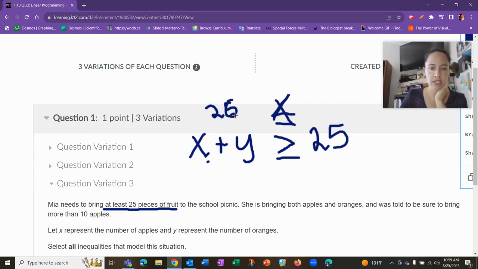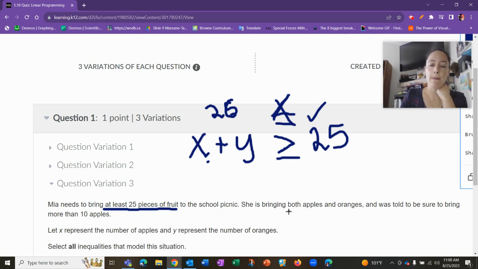Can she bring 26? Yes. That's the symbol we're looking for. It's a very important strategy to pick some solutions and put them in there, especially when it's not a precise one answer. Try out a couple options and see if it makes sense within your story problem or whatever problem you're working on in the future.